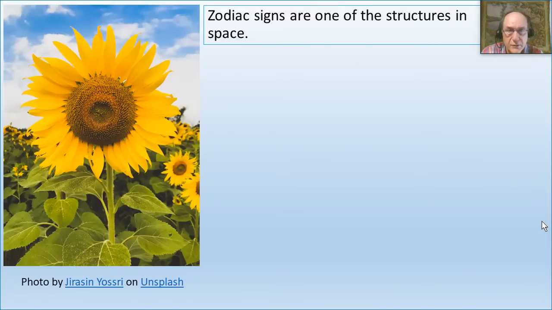And very simply, zodiac signs are a structure in space. Zodiac signs are not constellations and stars. They are not streams of energy coming from physical things.